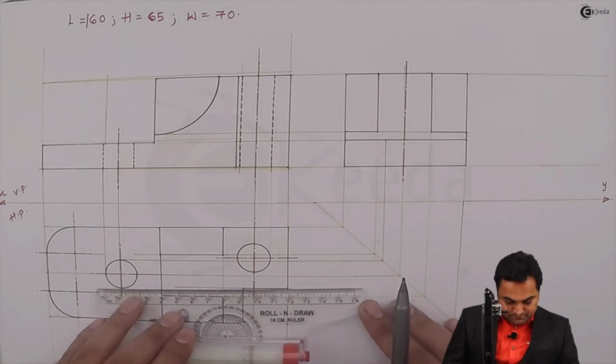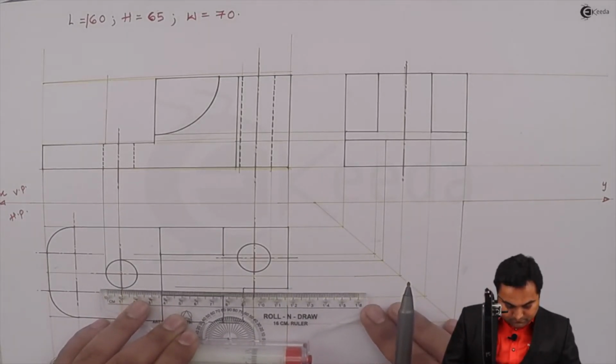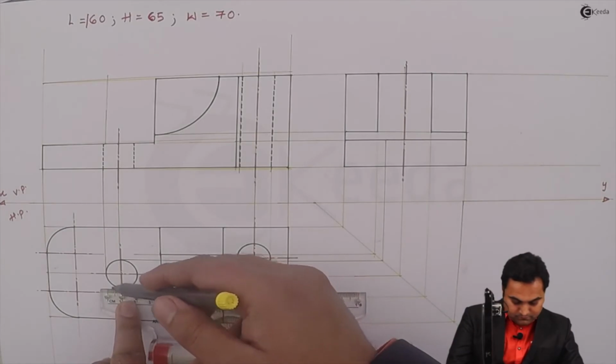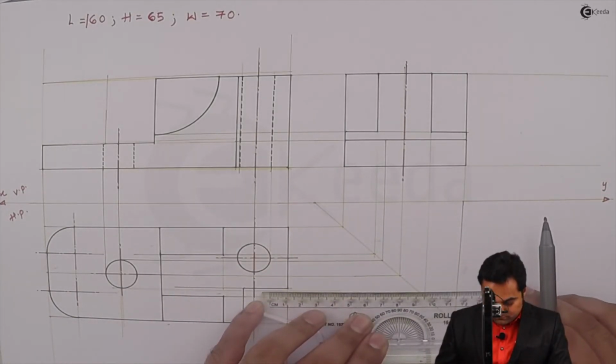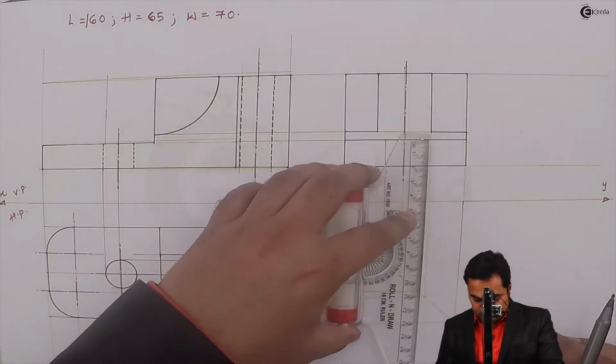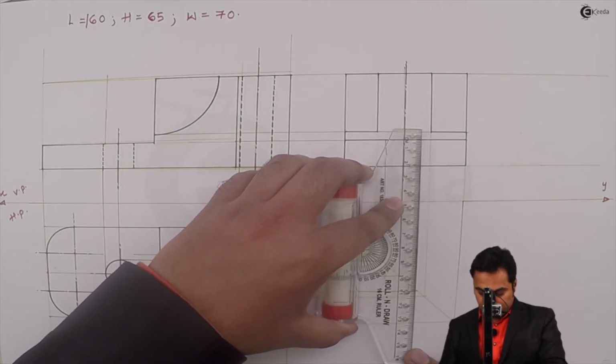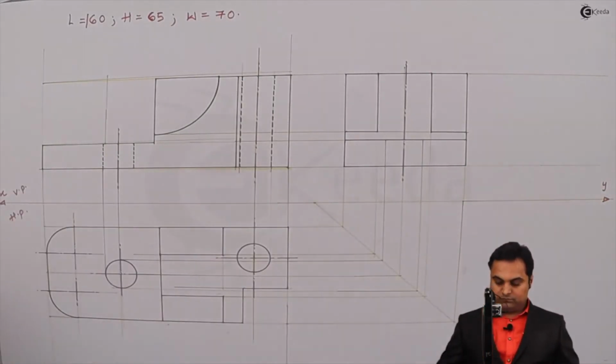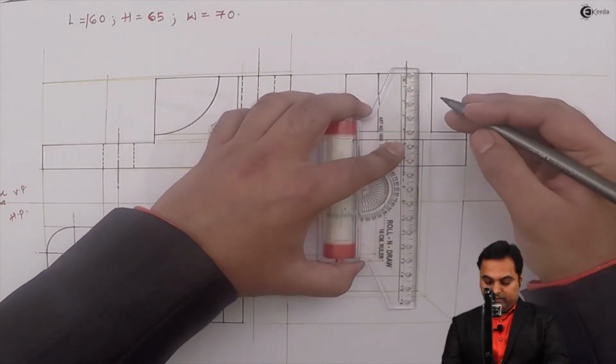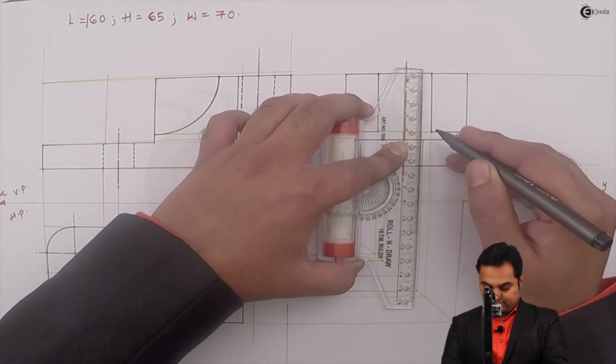Projecting it light. So here I'll draw it with the help of hidden lines.